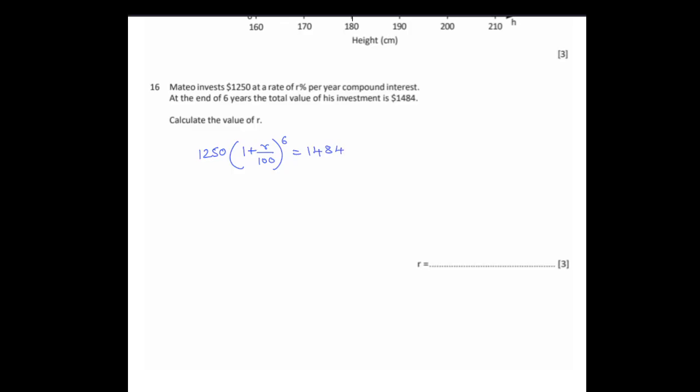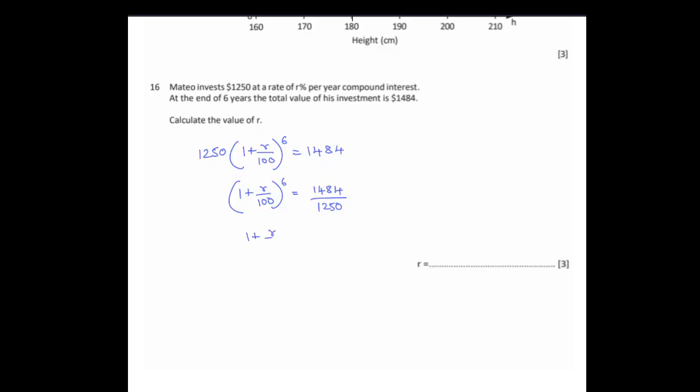Using this, now bring all the known numbers to the right side, keeping R on the left side to find the value of R. So first bring 1250 here, keeping 1 plus R by 100 whole raised to 6 on the left side. So 1484 divided by 1250. Now we need to take this power.